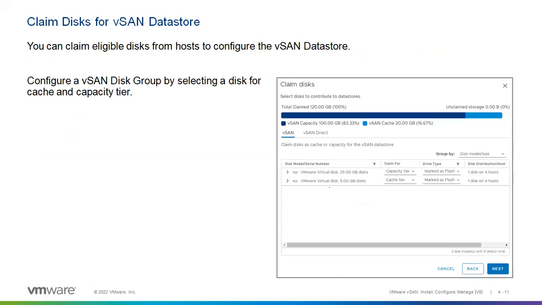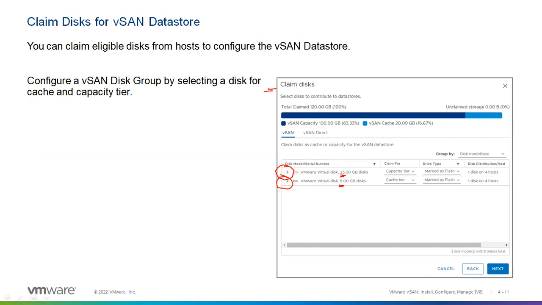These are the host options. When you go to the claim disks section and expand it, you can see that my total capacity is 25 GB and 5 GB is my cache here.